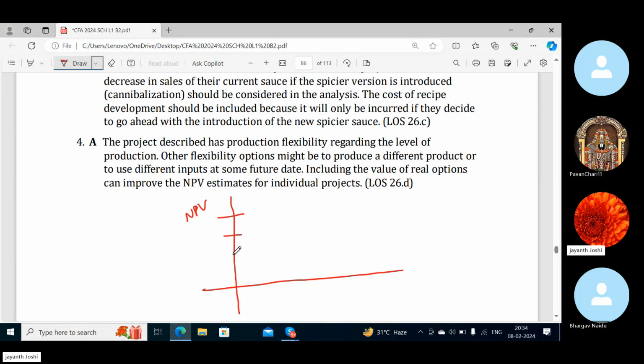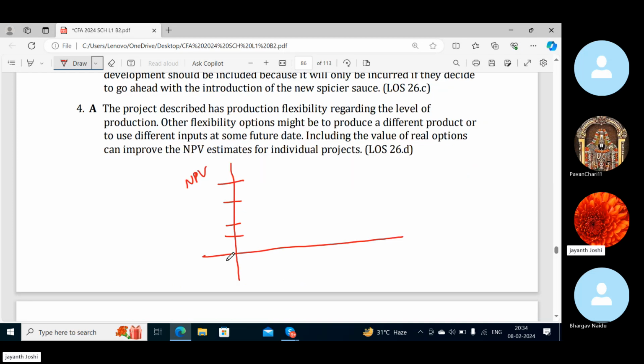You may have some positive NPVs here, 0 NPV here, and negative NPVs here. Let's say there's 7% and there's 35%. This is the graph I'm making for a conventional cash flow pattern. When there is a conventional cash flow pattern, there is no problem of having multiple IRRs. Multiple IRRs means a project having two IRRs.